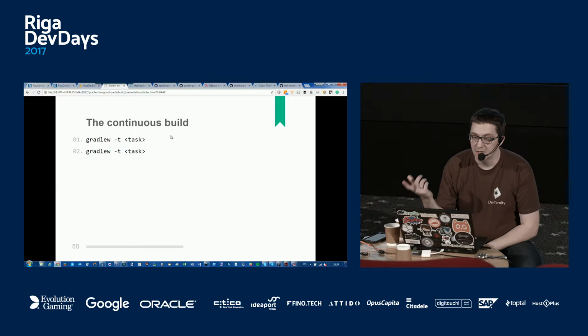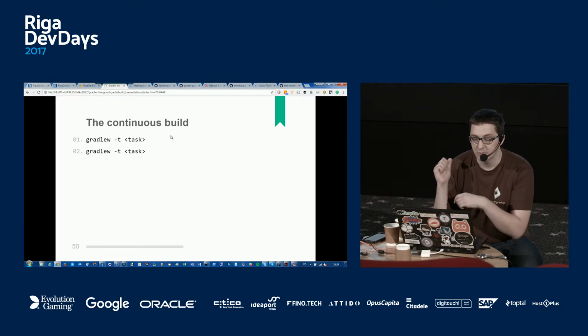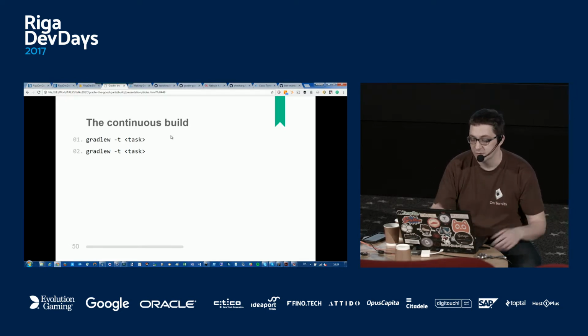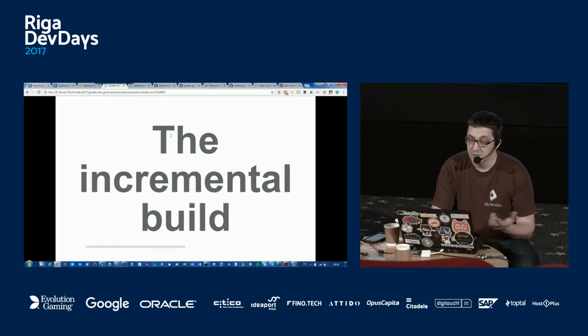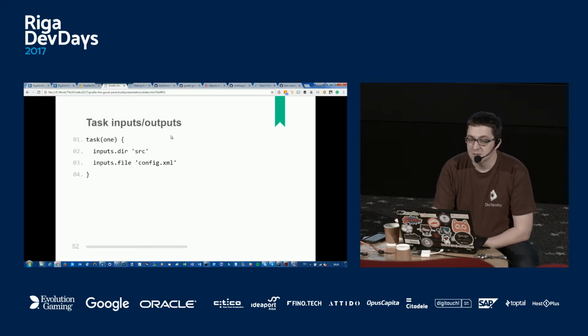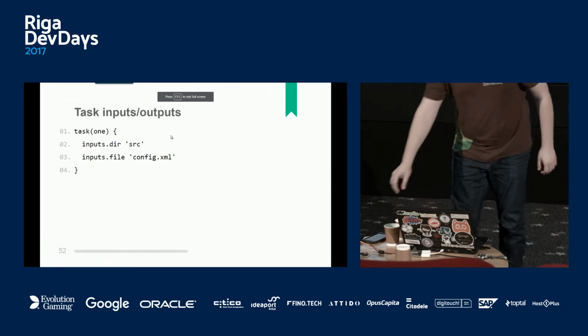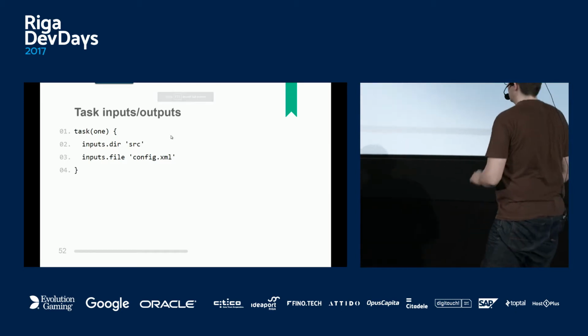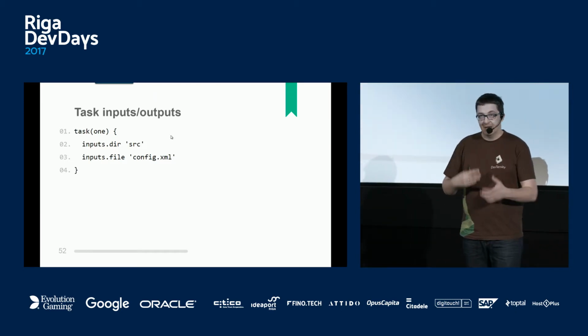Actually, Spring Boot and some other libraries like Webpack support this continuous mode, where you can just run your build inside a separate window and then just work with your code, and it will automatically rebuild the parts that were changed. The reason it's possible is because since, I think, version 1.5, Gradle introduced a special API for managing task inputs and task outputs, which is why Gradle is capable of detecting what has changed and what has not.